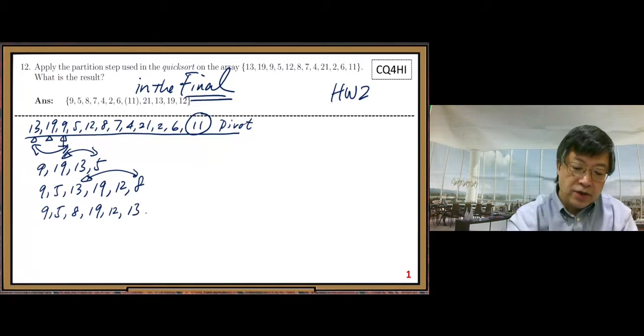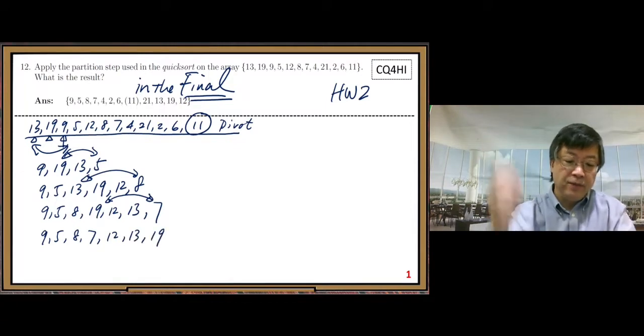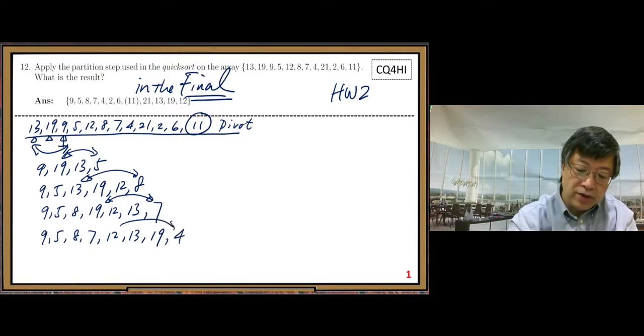Okay. So 7, next one, swap operation. 9, 5, 8, 7, 12, 13, 19. Next one, 4, swap operation between these two.